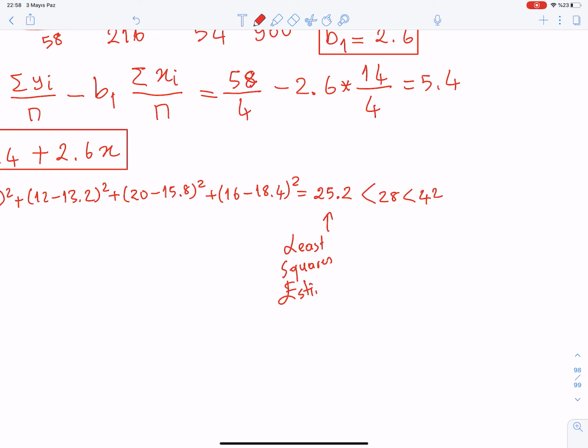This is the estimated square distance, and this is from the second model. That one is from the first model.